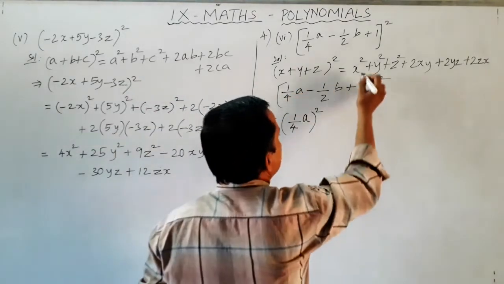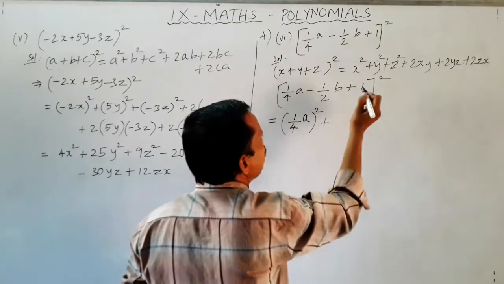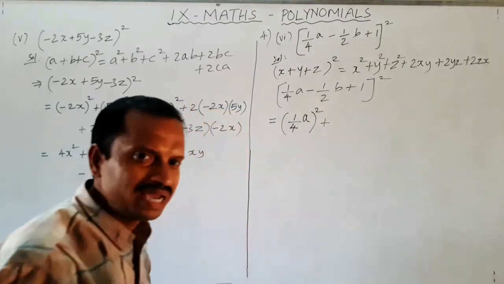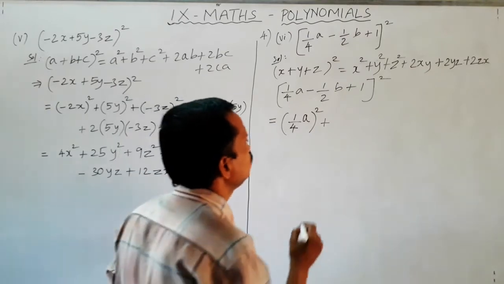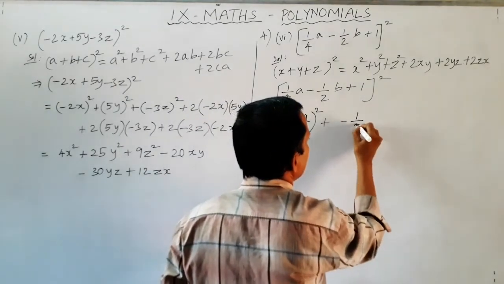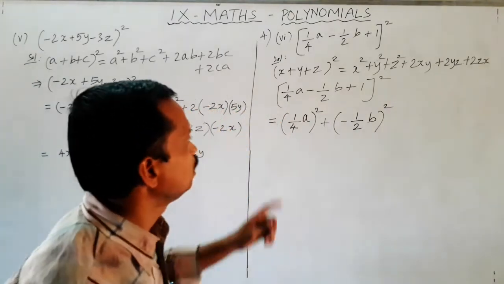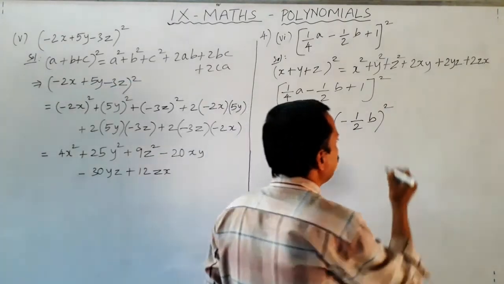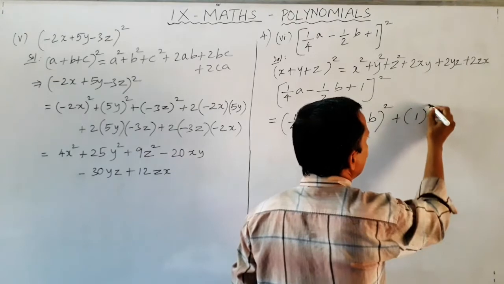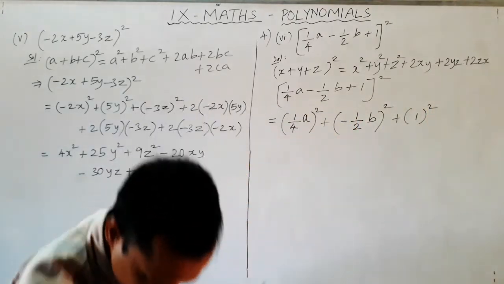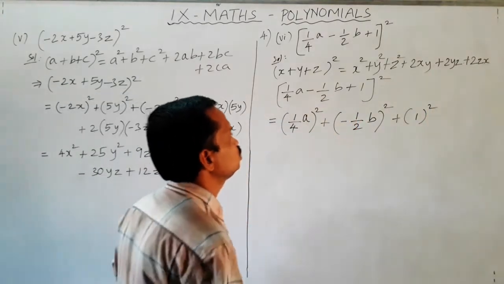So x square over, and plus y square. What is y? Minus 1 by 2b. So minus 1 by 2b the whole square. And then z square. What is that? 1. So plus 1 whole square. It is finished. Clear?